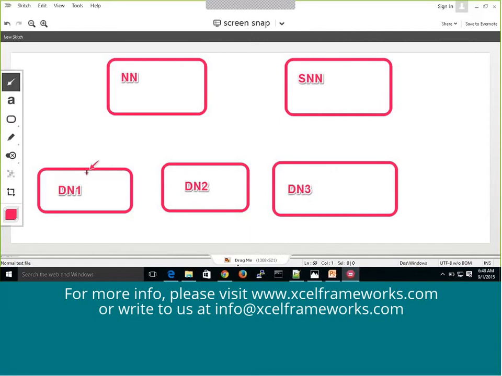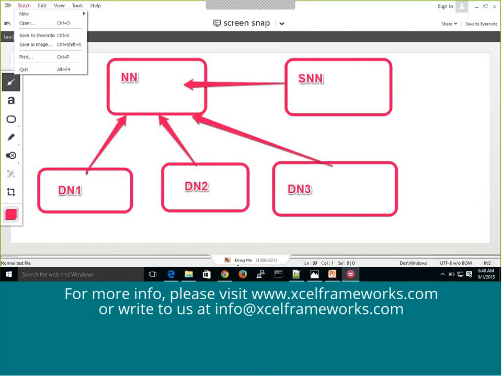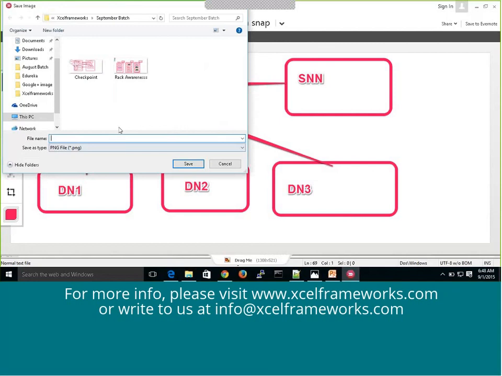All 3 will be sending heartbeat messages here. Your metadata is here, and the secondary name node contacts the name node and picks up the metadata. Now this is your Hadoop 1, guys. Let me save this. Hadoop 1 HDFS.